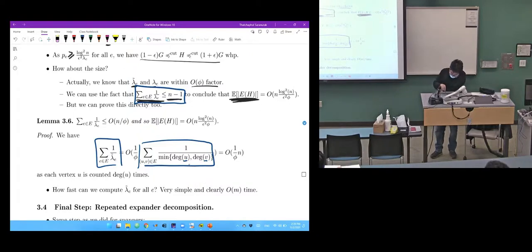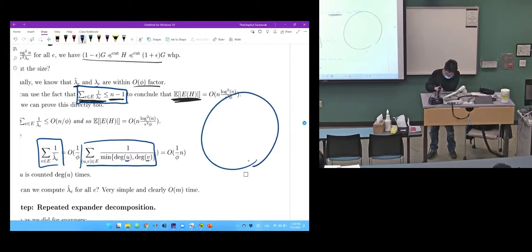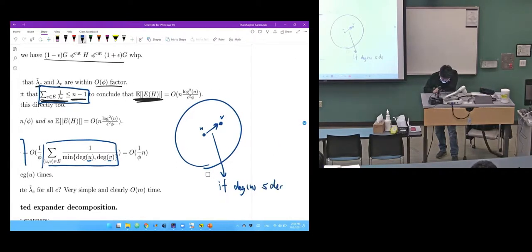So think like this, maybe. If you have a graph, and then for every edge e, you orient it, directing from u to v if the degree of u is less than the degree of v.